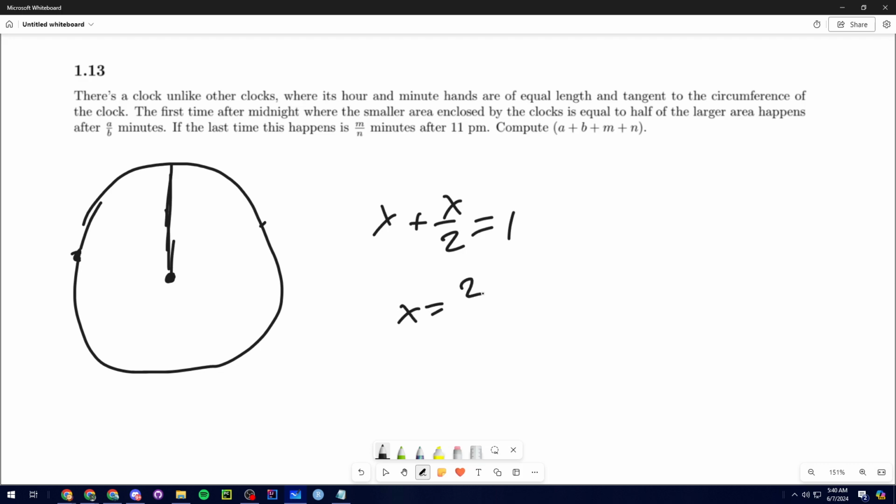You'll see that x is equal to 2 over 3. It's not going to look like a half, because both sides would be equal. You want one segment to be twice as much as the other. So this is 2 over 3, this is 1 over 3. One is twice the other, right?